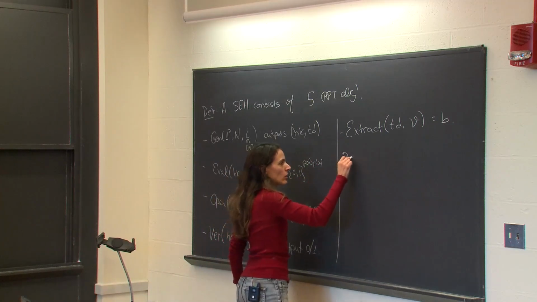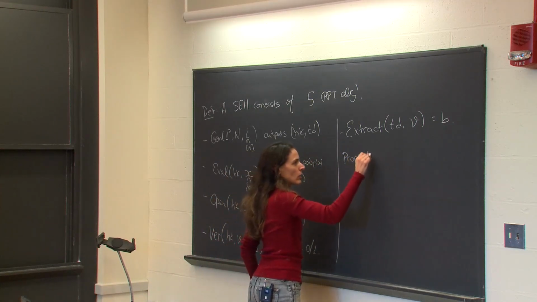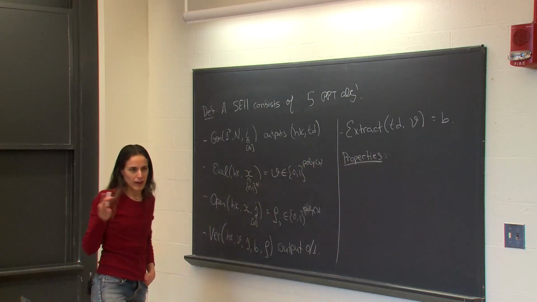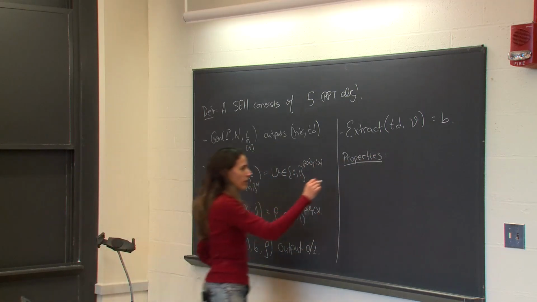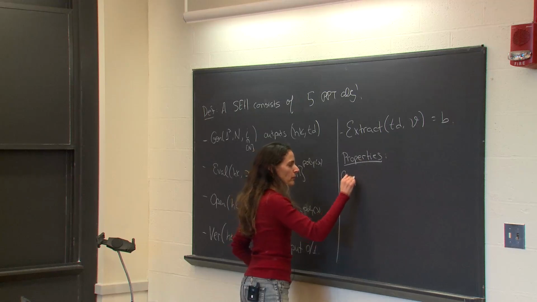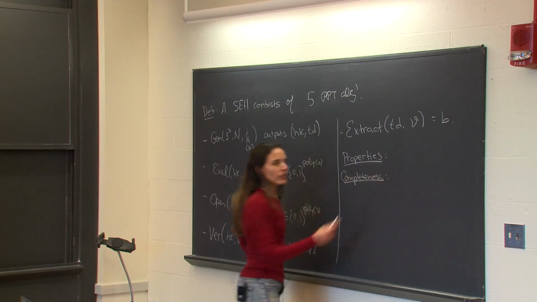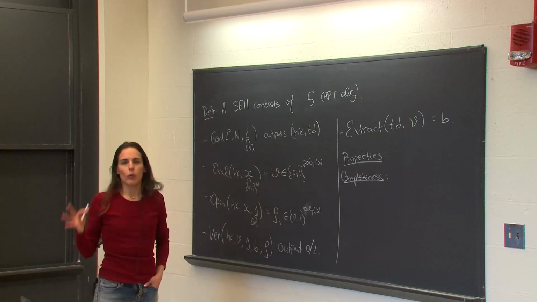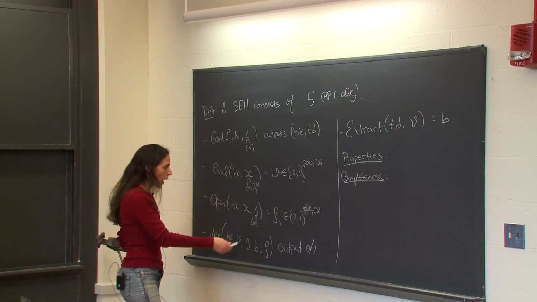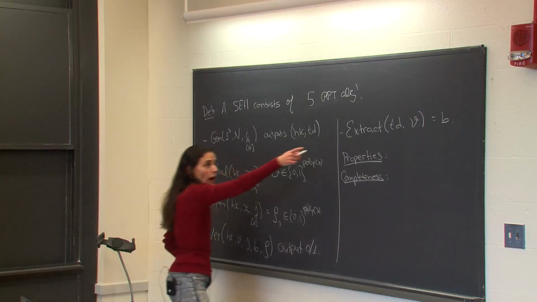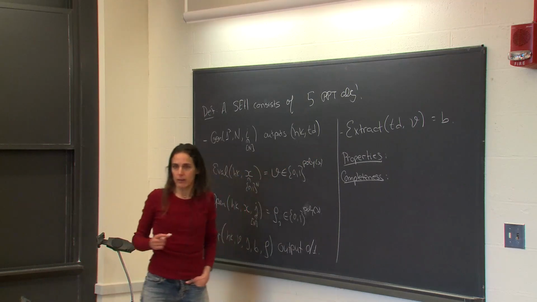The first property is completeness. That's usually the straightforward property, which essentially says, look, if everybody's honest, you get what you expect. Which means, one, the verifier would accept the opening, and two, the extract will output the ith bit.